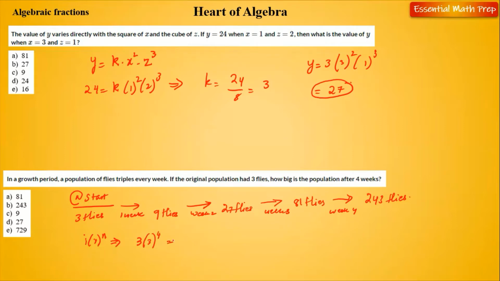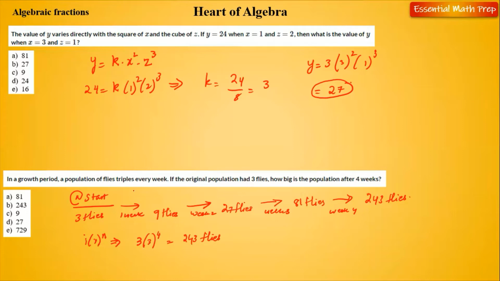So 3 to the power 4, that is 3 times 3 times 3 times 3, is 243 flies. So there are 2 schools of thought for this problem. Depending on whatever strikes you at the time you take the test, you're welcome to use either of the methods.